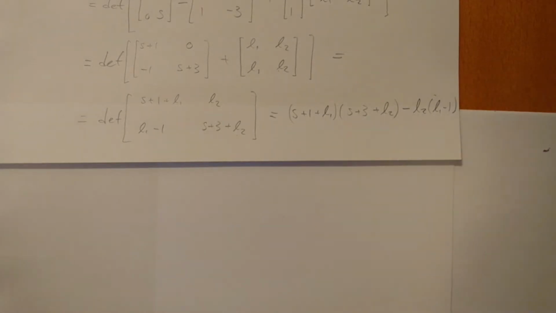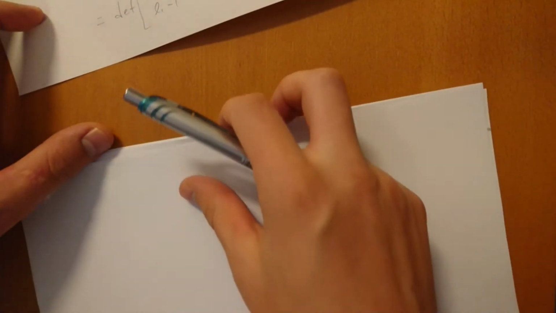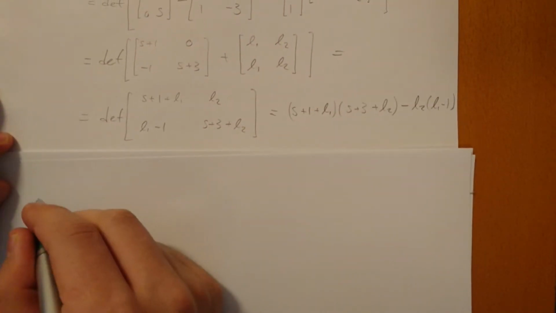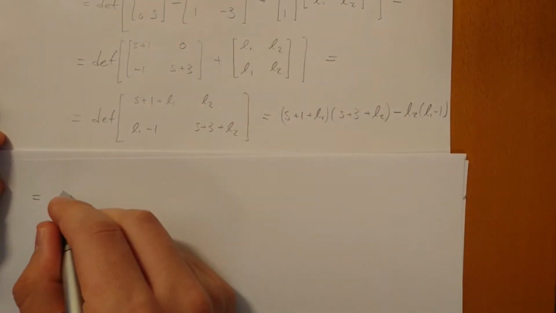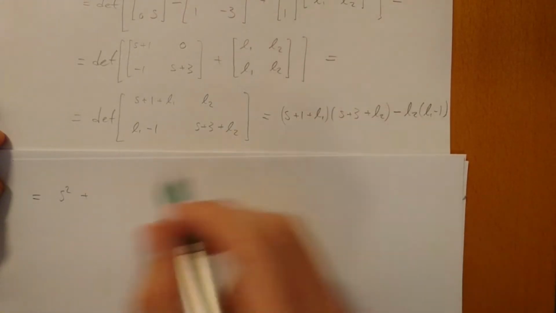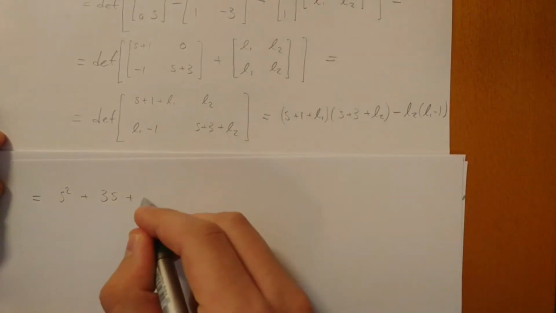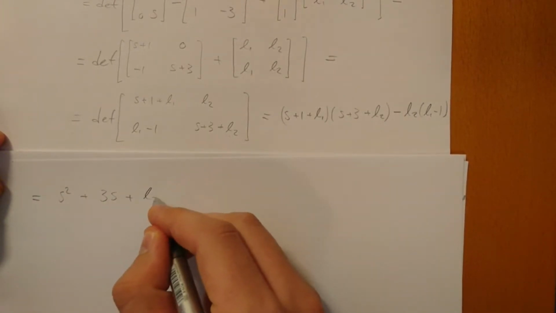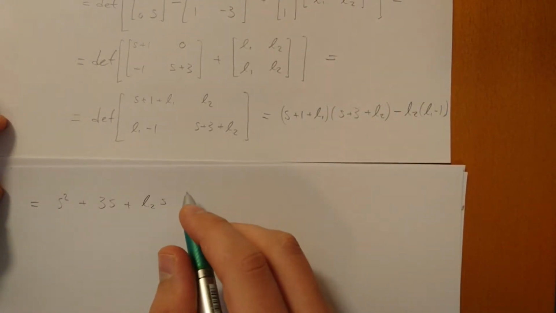We have s squared plus 3s plus L2 s. I'm doing this term by term now to make sure I'm getting the correct thing.